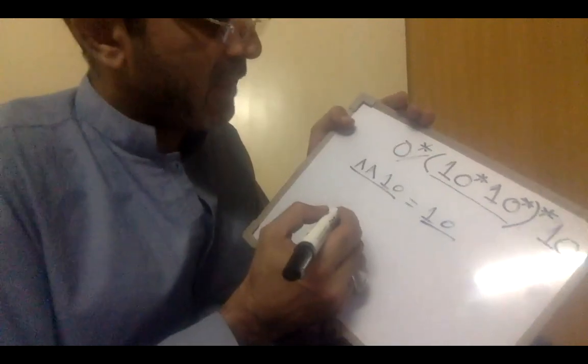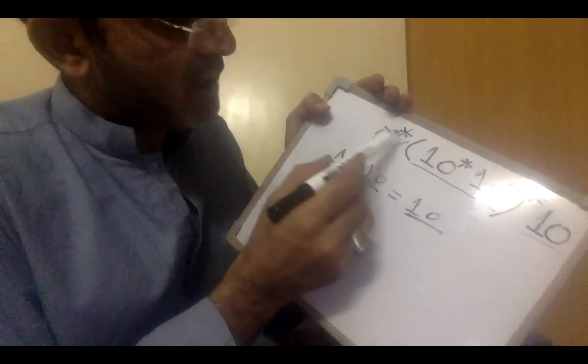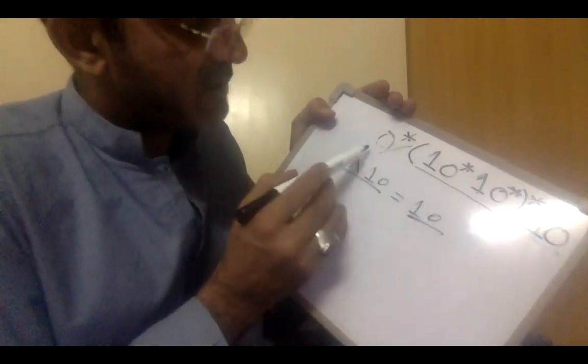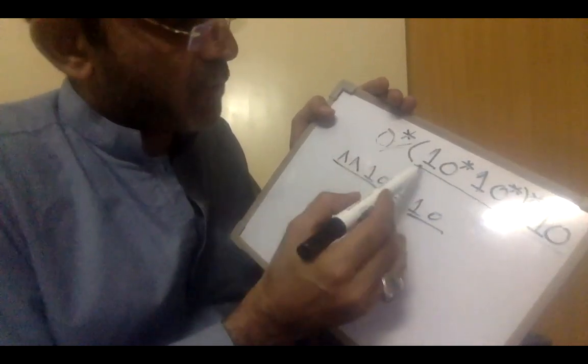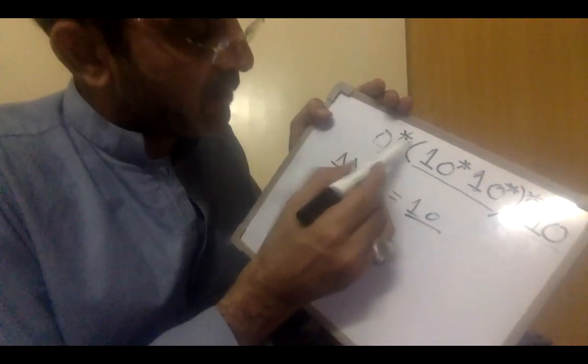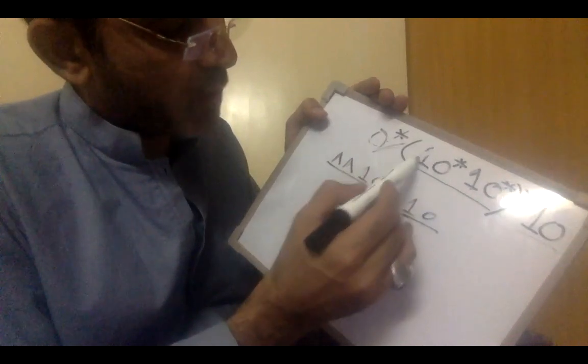Again, this 0 star is making this regular expression produce strings starting with 0, and it is null here. If I want to start a string with 1, then I can make this part null, and then I can start from this 1.